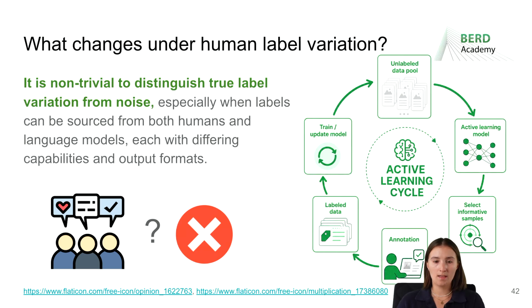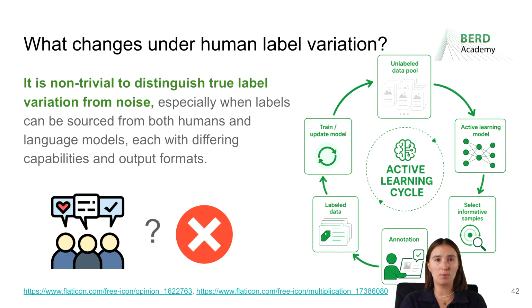Okay. And also, a general problem that we have with human label variation is that it is non-trivial to distinguish true label variation from noise, so from error. Especially when labels can be sourced from both humans and LLMs, it's important to figure out who has what kind of capabilities, what are true errors, and what is true variation that we want to represent. And there is no common standard in research yet on how to do that.